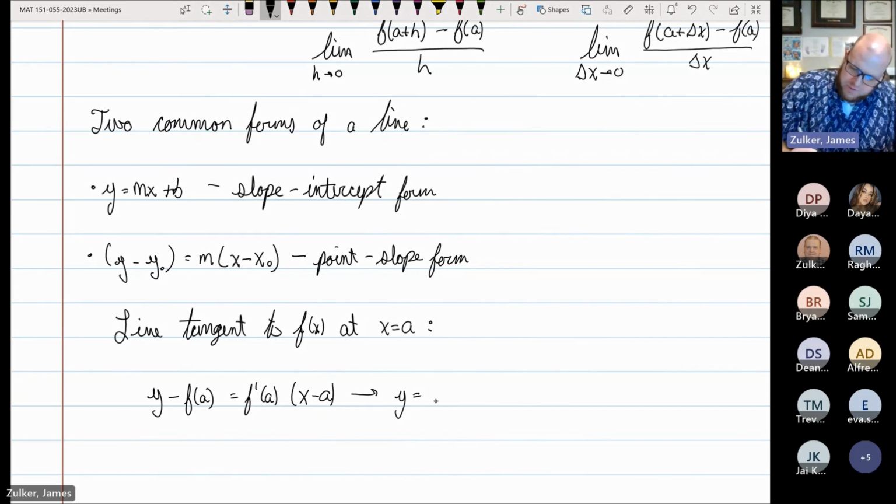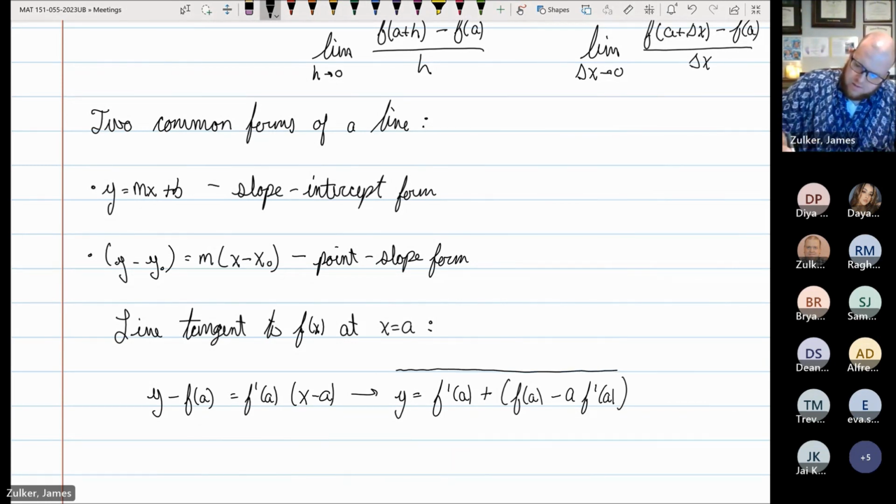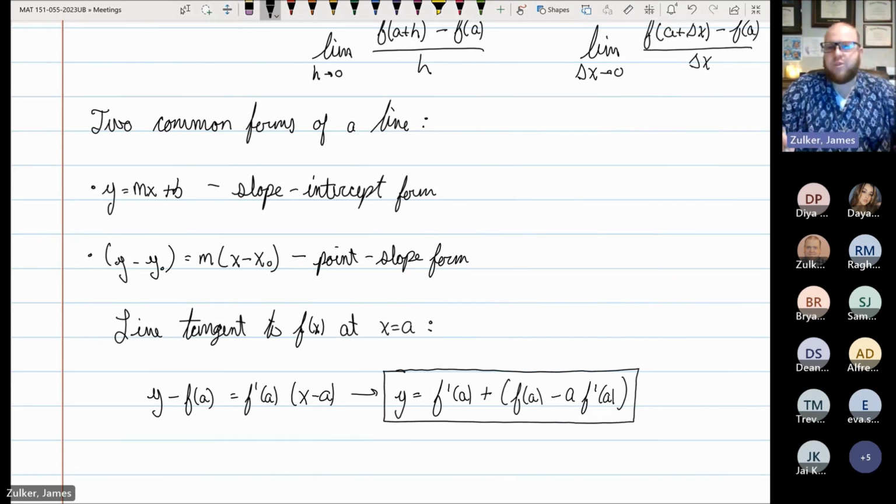Rearranging some terms, we'd be able to write it this way.